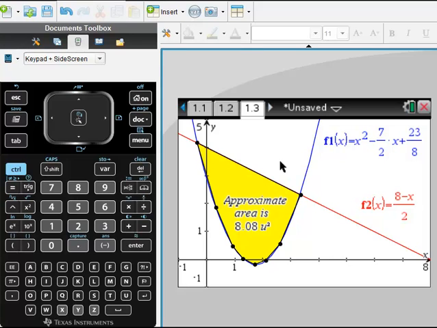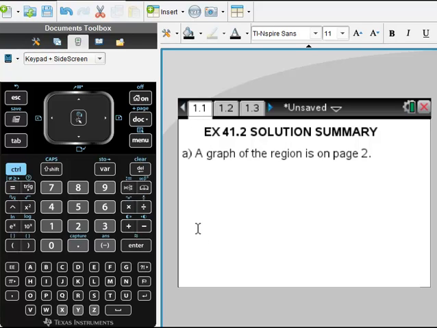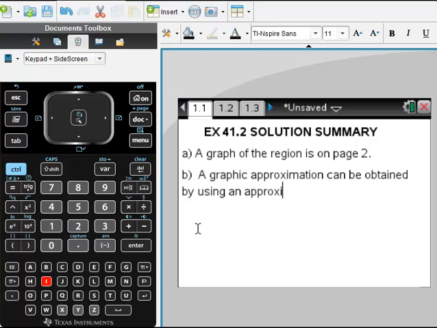Okay, so let's go ahead to the summary page and actually explain what we've done here. This is the main page, part B. So we could say that a graphic approximation can be obtained by using an approximating polygon.